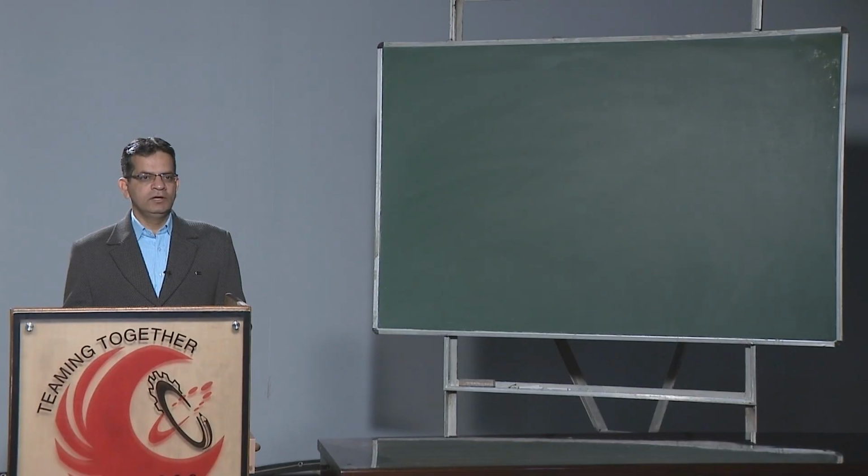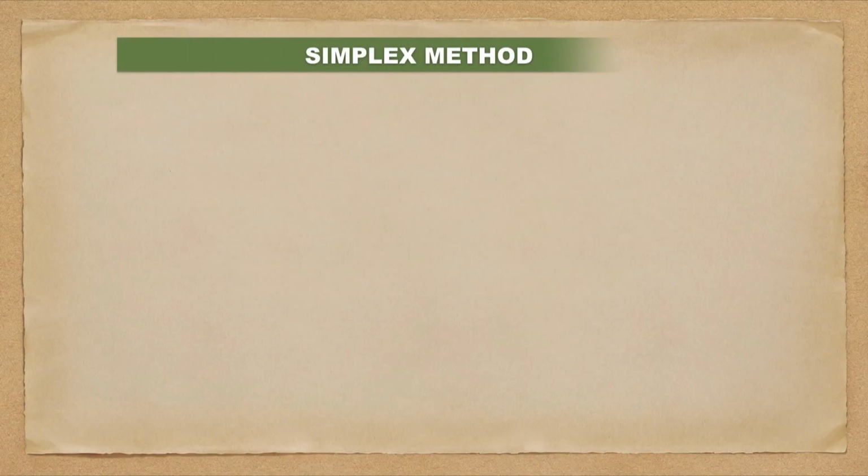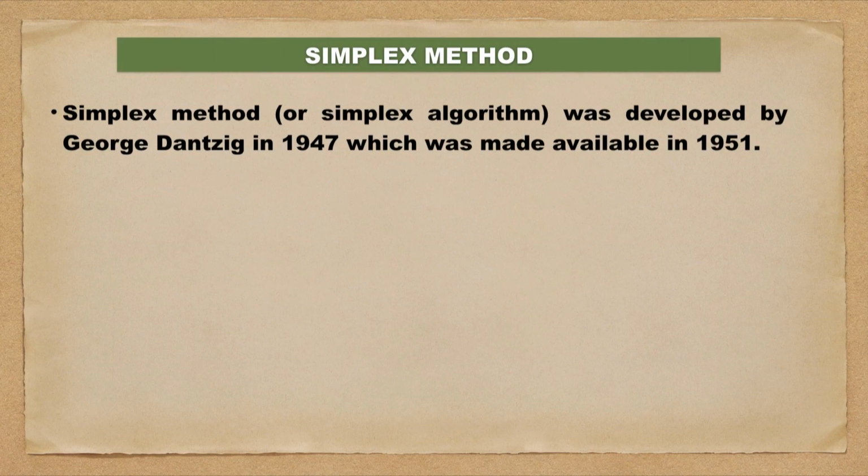Simplex method is a very powerful tool to solve any linear programming problem which has more than two variables. It is an iterative process, and this simplex method or simplex algorithm was developed by George Dantzig in 1947 and was available in the literature in 1951.